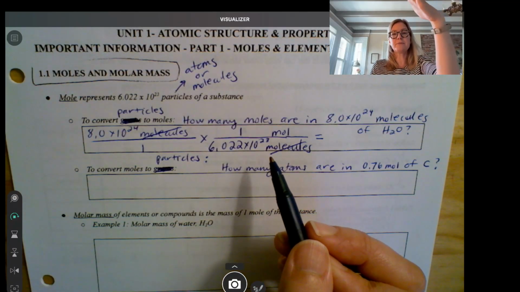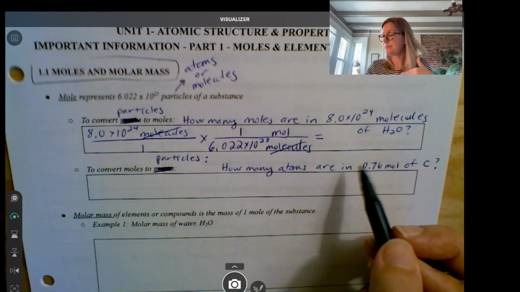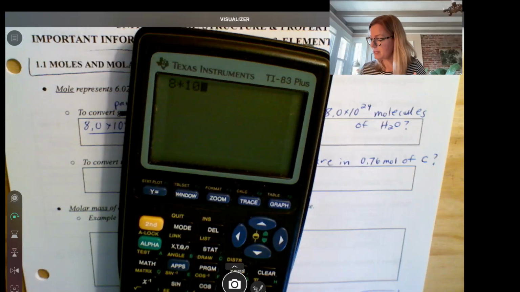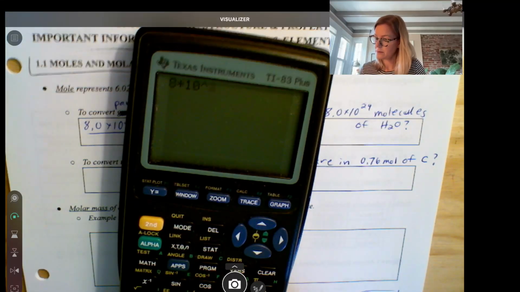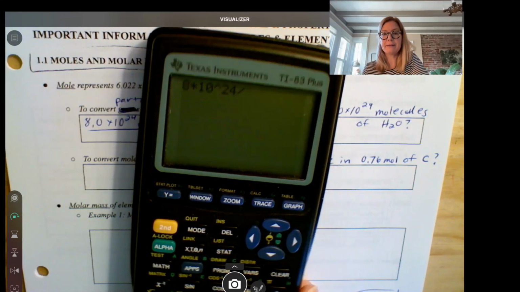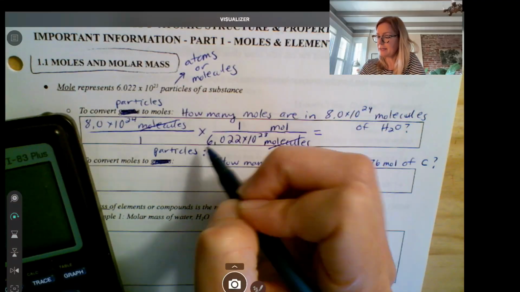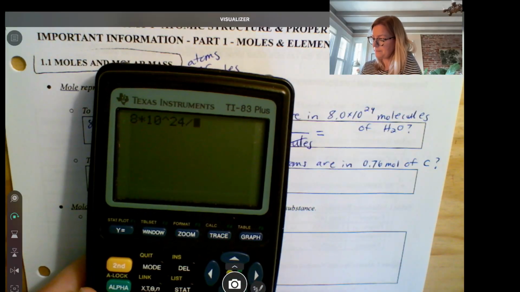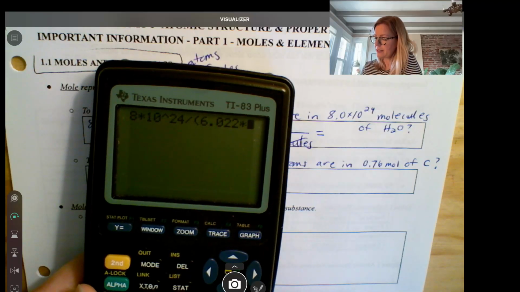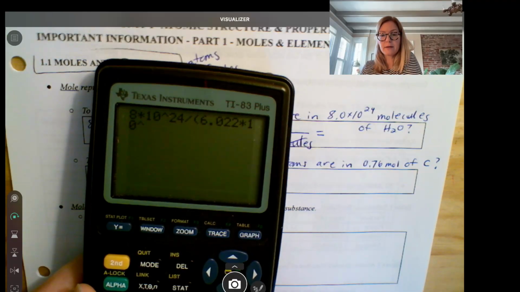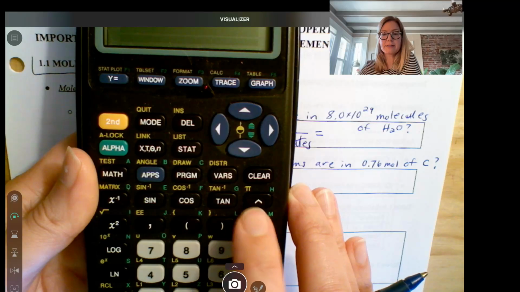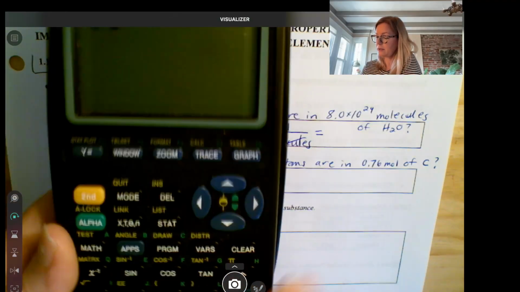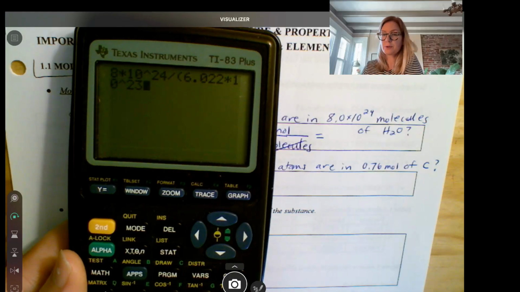And then we're going to simplify that by doing the top divided by the bottom. So you'll type into your calculator 8.0 times 10 to the 24th divided by, and everything that's in the denominator, be sure you put it in parentheses. Open parentheses, 6.022 times 10 to the, this little button on a scientific calculator gives you your exponent, 10 to the 23rd, close your parentheses.